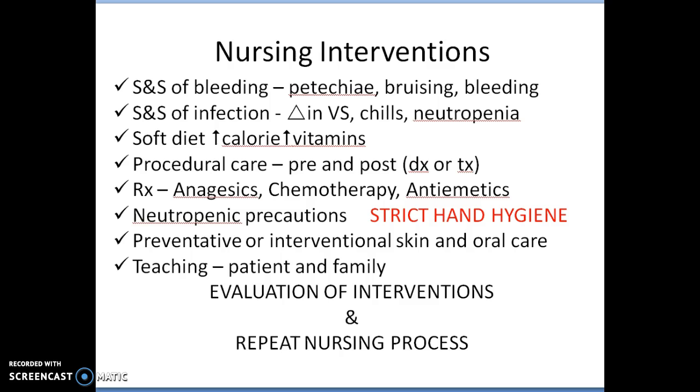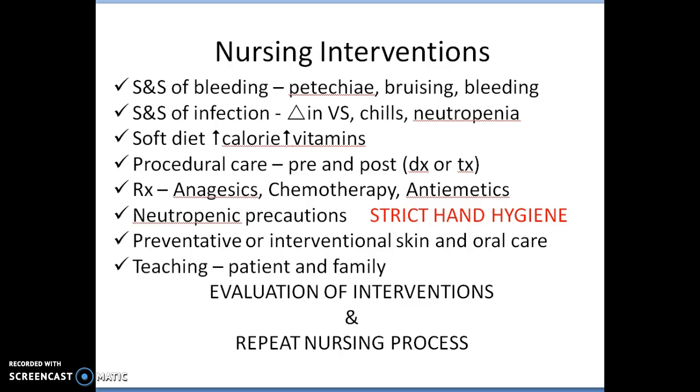So we're going to teach them preventative or interventional skin and oral care. So we may have to actually use some type of skin care on them. We're going to make sure that we turn and position them, obviously. Give them blood transfusions if needed, and administer medications and treatments as ordered.